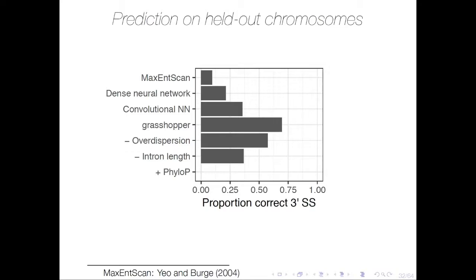Something that's also interesting is that if we include what's called a conservation track from an algorithm called PhyloP, we can do even better. These conservation tracks tell you something about how conserved each position is across vertebrate species. So positions that are important functionally will tend to not have differences between species.